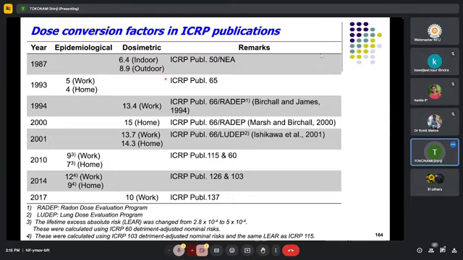In 1993, ICRP Publication 65: 5 at work, 4 at home. In 1994, according to ICRP Publication 66, based on the human respiratory tract model, this calculation provides 13.4 millisievert per working level month at work.